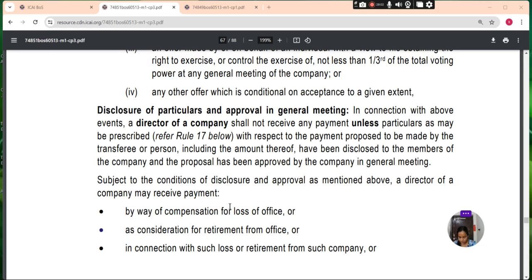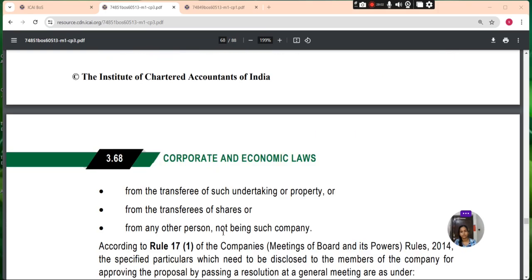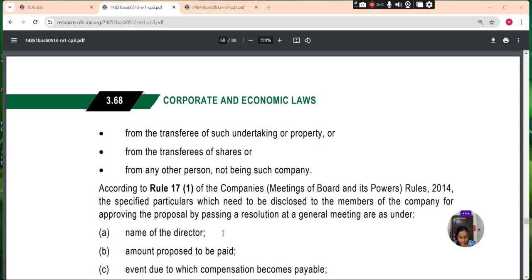Subject to the condition of disclosure and approval as mentioned above, a director or a company may receive payment by way of compensation for loss of office, as a consideration for retirement from office in connection with such a loss or retirement from such a company, from the transferee of such undertaking or property, or from the transferee of shares from any other person which is not being such company.